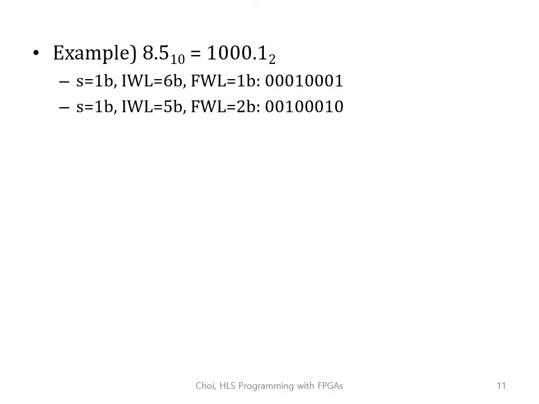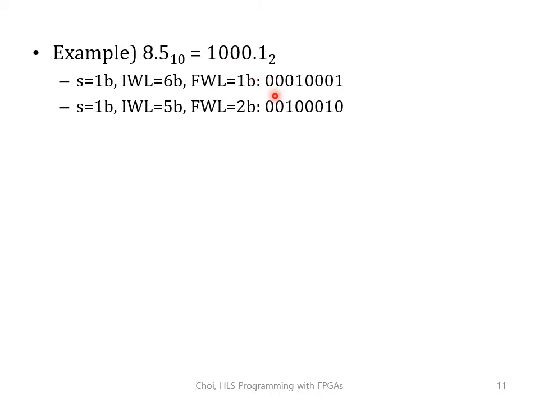Let's see an example. Please represent 8.5 in decimal number, or 1000.1 in binary number, with 1 sign bit, 6 integer bits, and 1 fractional bit. So this is a positive number, so we can put 0 as the sign bit.